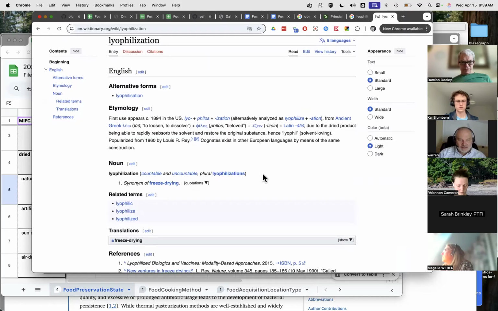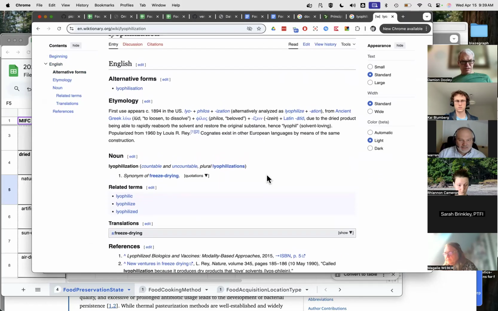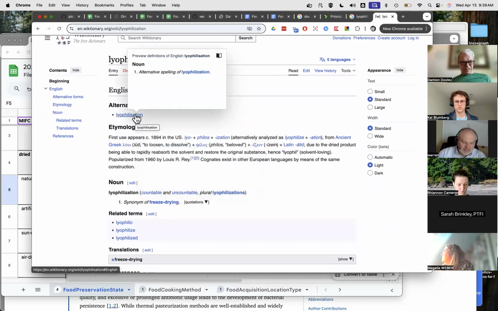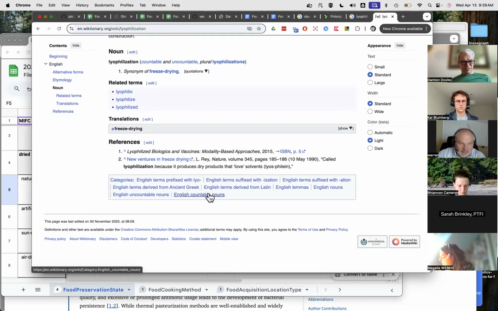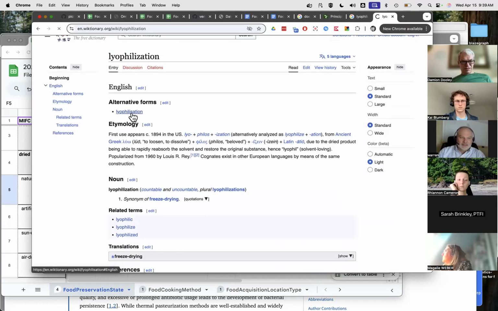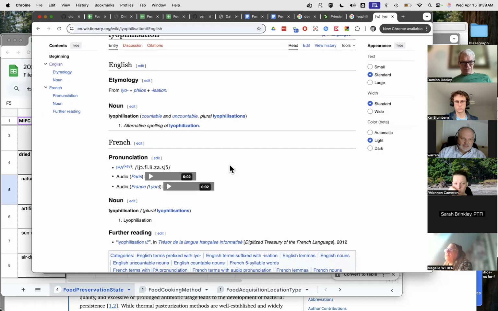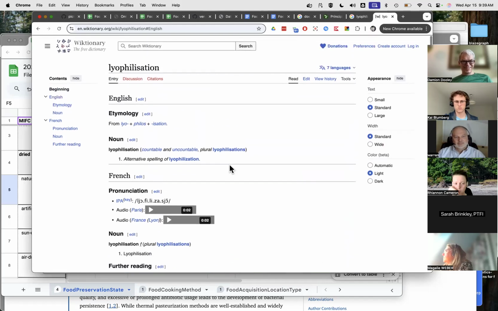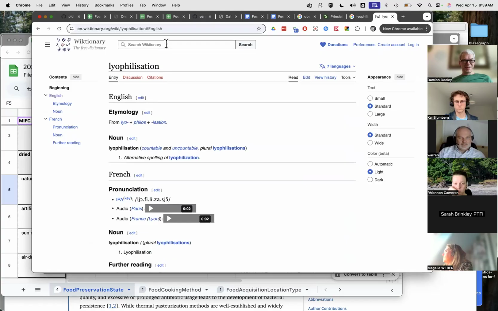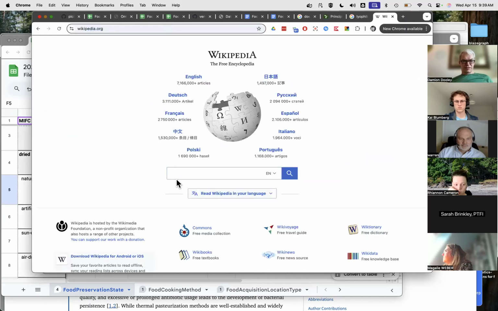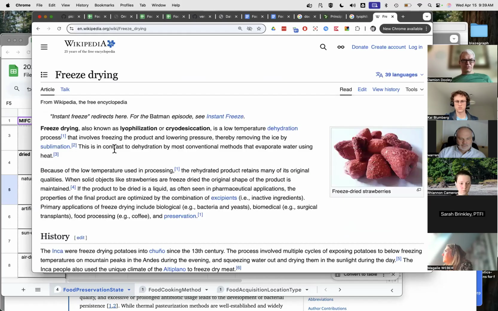Okay, so etymology. Is this where the definition is? Oh, weird, it doesn't actually have a definition. That's unusual. Okay, great.